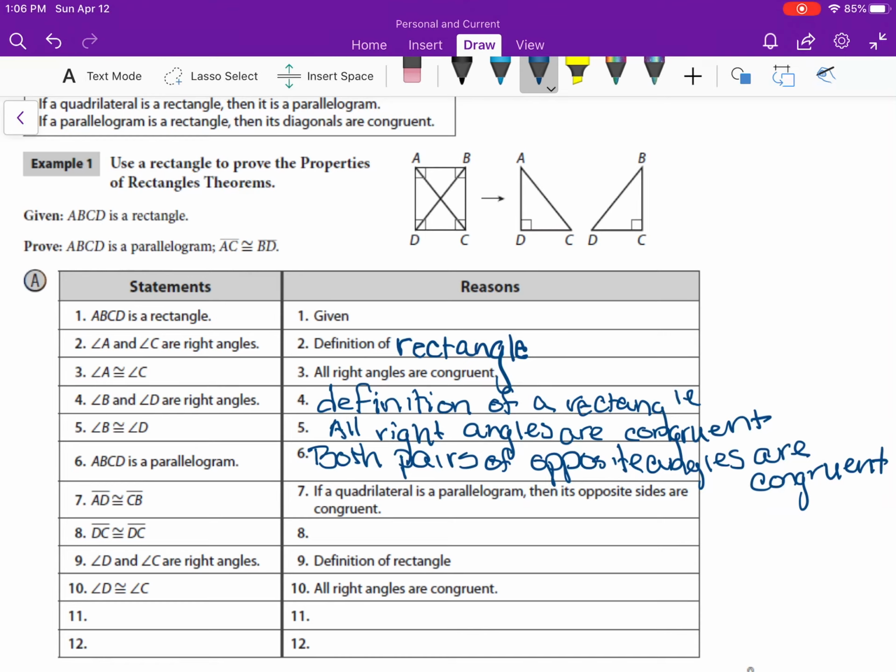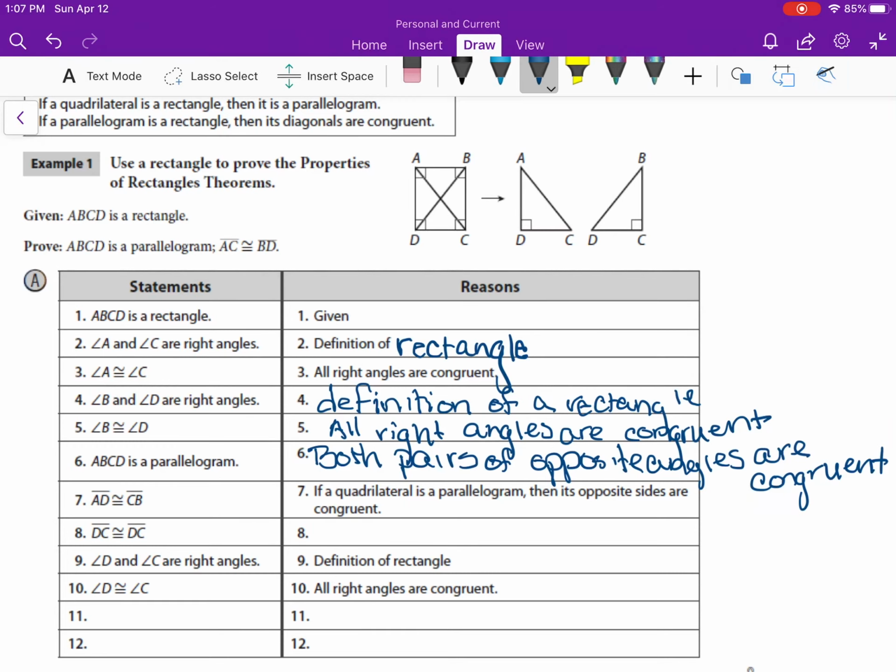So now that we know it's a parallelogram, opposite sides are going to be congruent. And we see in this proof that AD is congruent to CB, and that the opposite sides are congruent. Now we look at number 8, and 8 says DC is equal to DC.